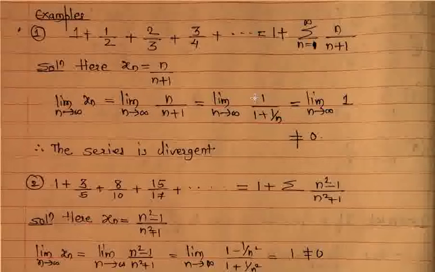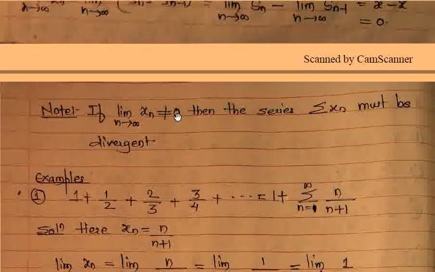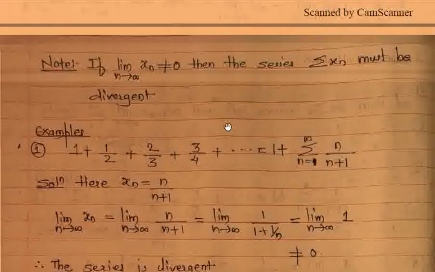We take out the common factor of n, and 1 divided by infinity, which is 0, so 1. So the series is divergent. Okay, so when it's not equal to 0, then it is divergent.